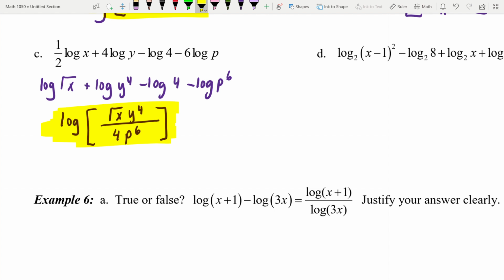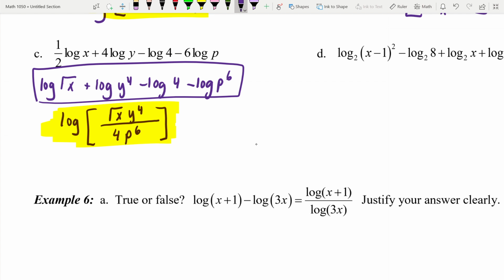Okay? I want to show you something. Look right here. I have never remembered to show this to my classes until this year. Look what people do. They're like, okay, look what I've got. I know this is going to be 1 log. Okay, the square root of x is on the top. Don't write this down. The y to the 4th is a positive.